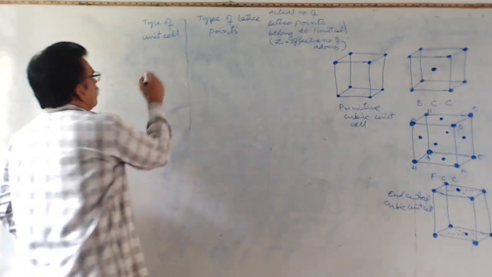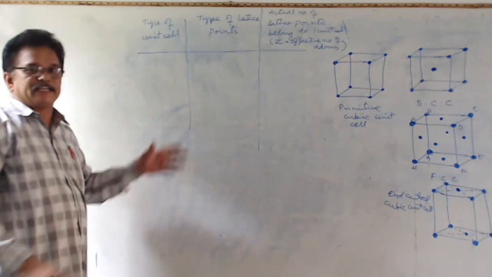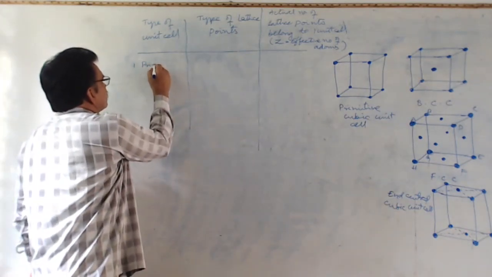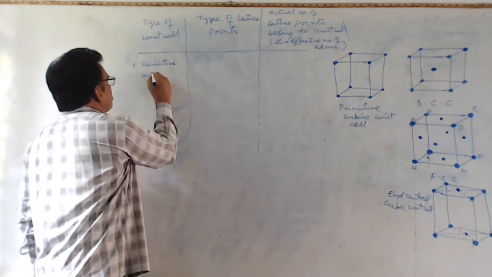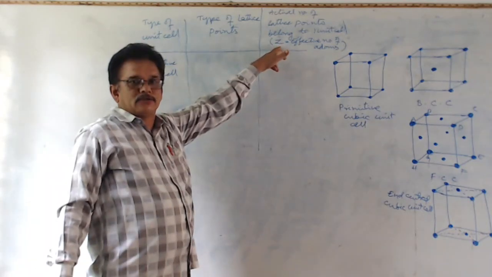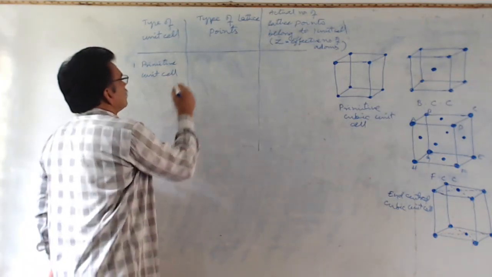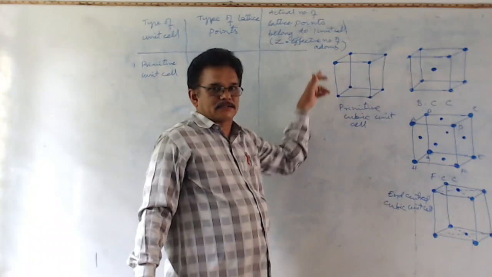Okay. Now we will calculate the Z value. Type of unit cell, 1. Primitive unit cell. We need the Z value, which we will calculate now. In a primitive unit cell, lattice points lie at the corners.